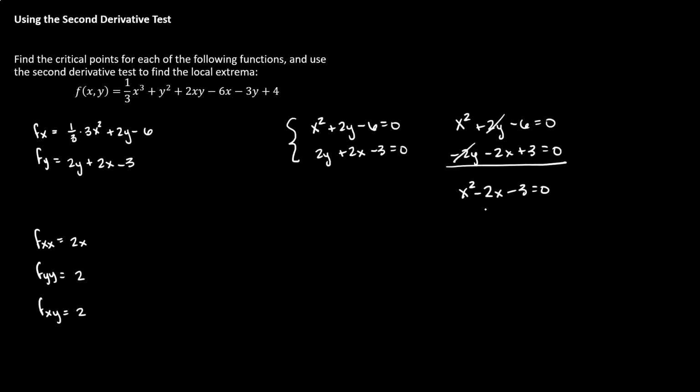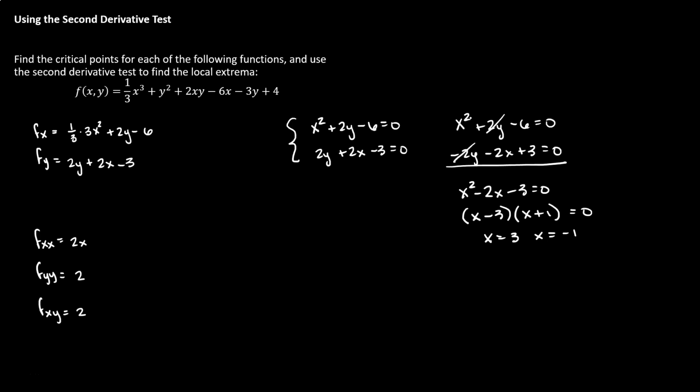Then I need to solve this equation to find our critical points. We can do this one by factoring. We see that x is either equal to 3 or x is equal to -1. So we have two potential critical points.